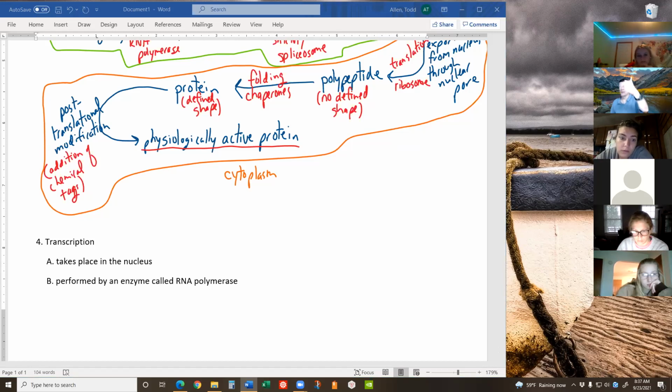How does the cell know how to manufacture RNA polymerase? How does the cell know how to manufacture it? What do you think, folks?